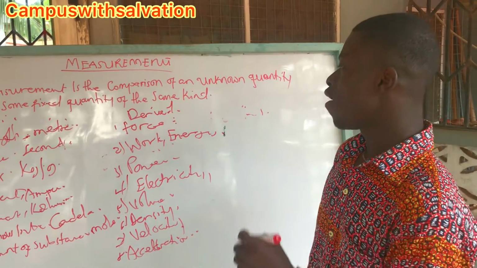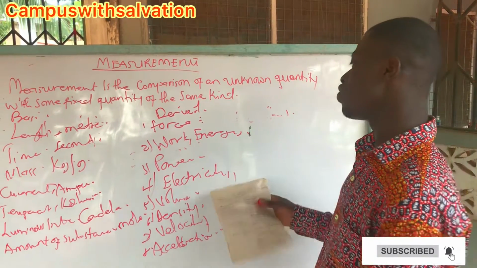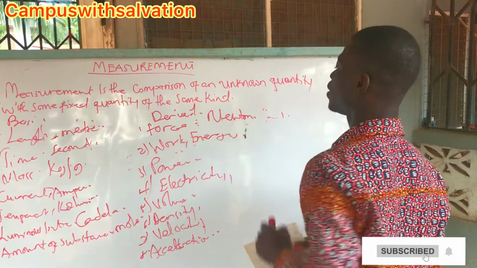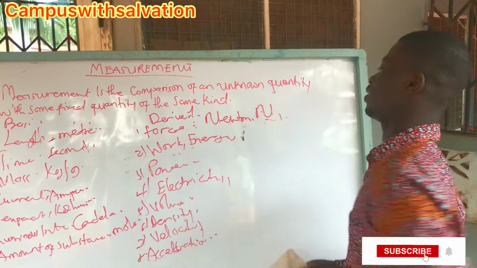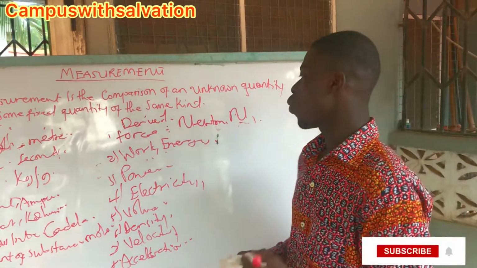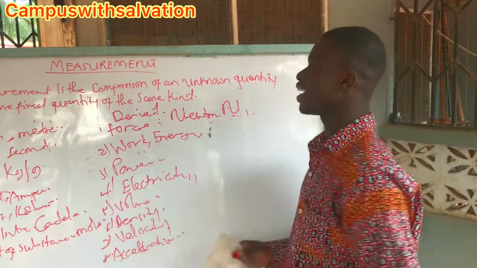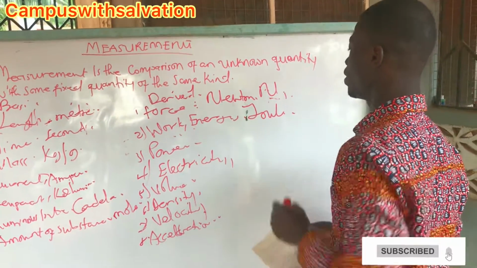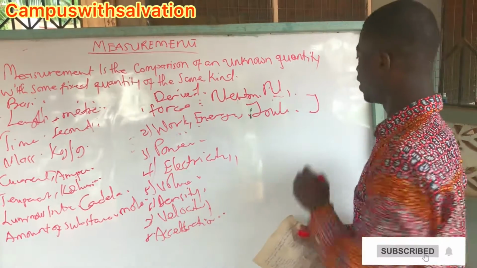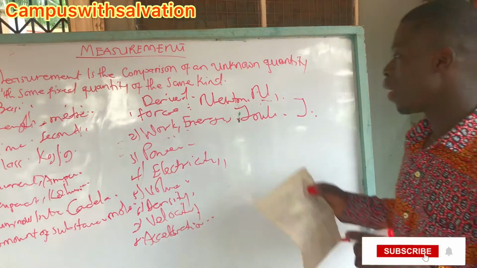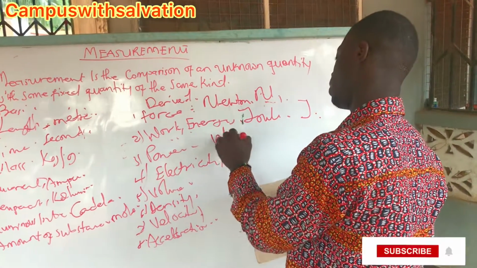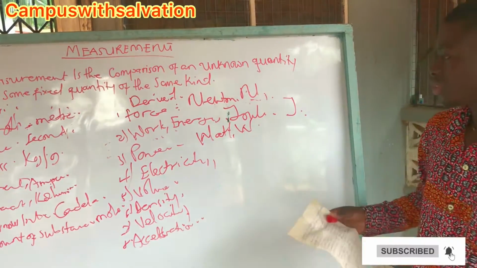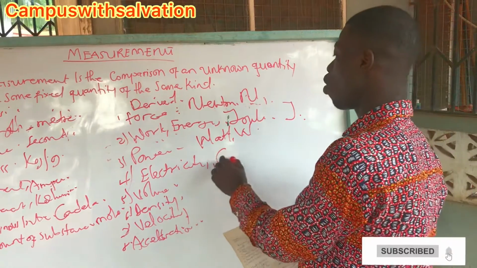Force has an SI unit of newtons, which has a symbol of capital N. Work or energy has an SI unit of joules, which has a symbol of capital J. Power is measured in watts with a symbol of big W, and electricity is measured in coulomb.